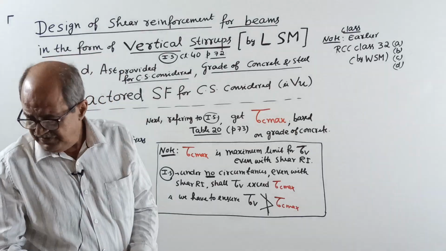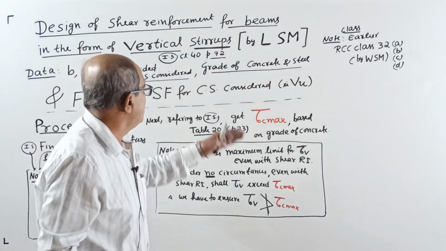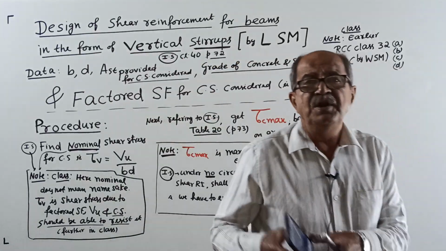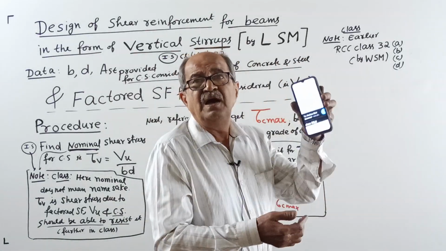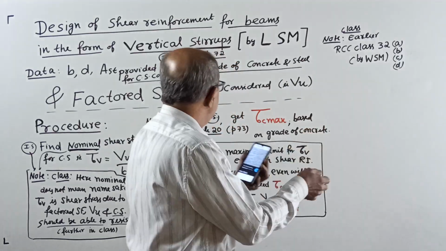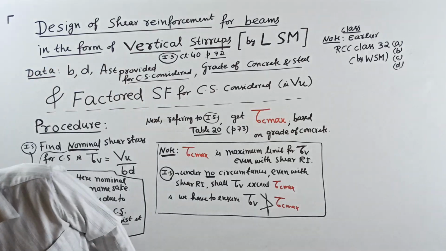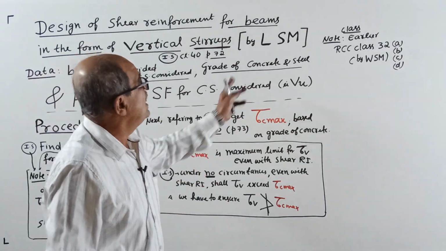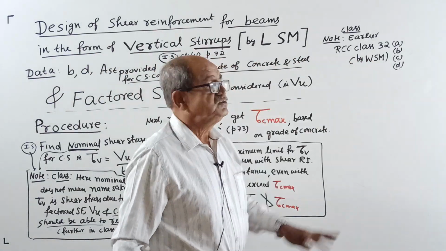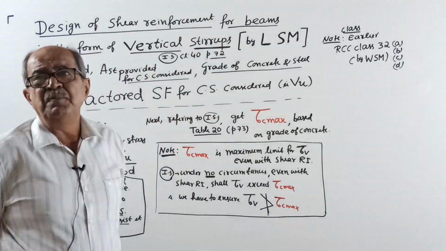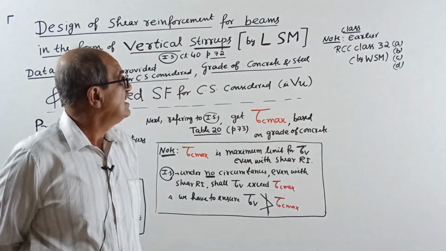Actually, what I have done for writing all these is, I took photographs of my old class. I maintained the same sequence so that if you require some clarification, you can go back to that class. So here, I will minimize the statements and give more importance to numericals and procedure.